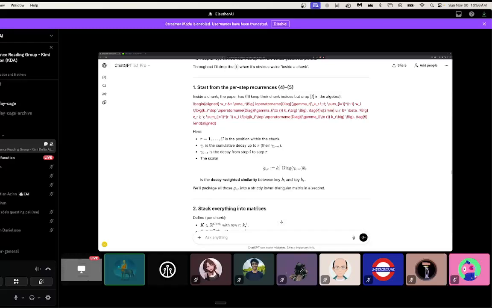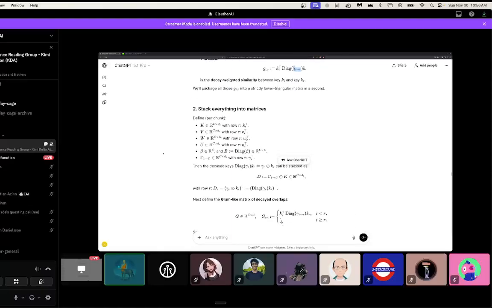As a matter of notation, this is basically a weighted inner product, and what we're weighting by is the decay rate between these two keys. Between key I and key R, we're going to have these multiple forget parameters, call them gamma J, and this is basically the product of gamma I through gamma R.